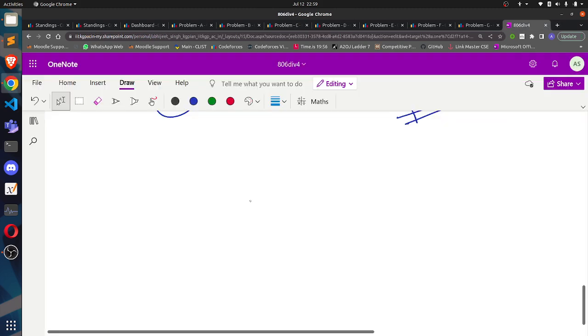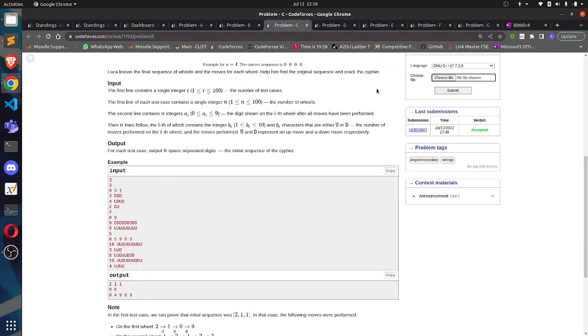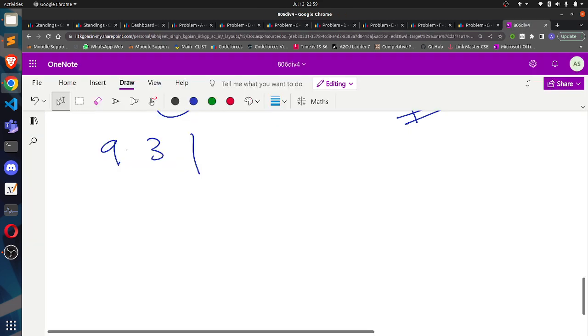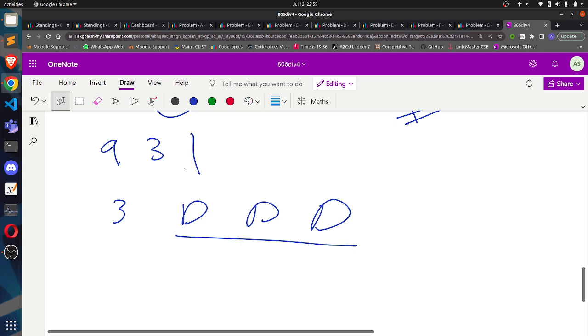Like in the first case, the digits present are 931, and the changes made to the first digit are 3DDD, and we are getting this result. So what is actually happening is, let's say some x was present, and then we make a down operation.